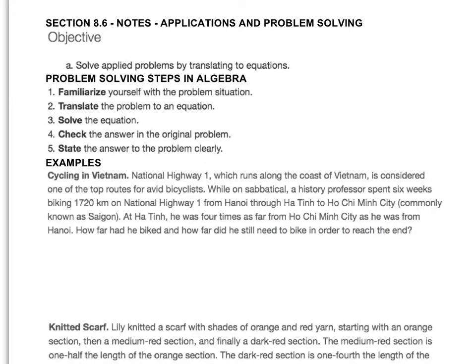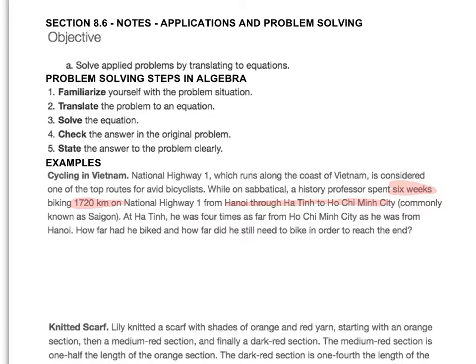Now that I've read through this, I want to highlight important information. 6 weeks is maybe some important information, but the distance here, 1,720 kilometers from Hanoi through Ha Tin to Ho Chi Minh City, is key.